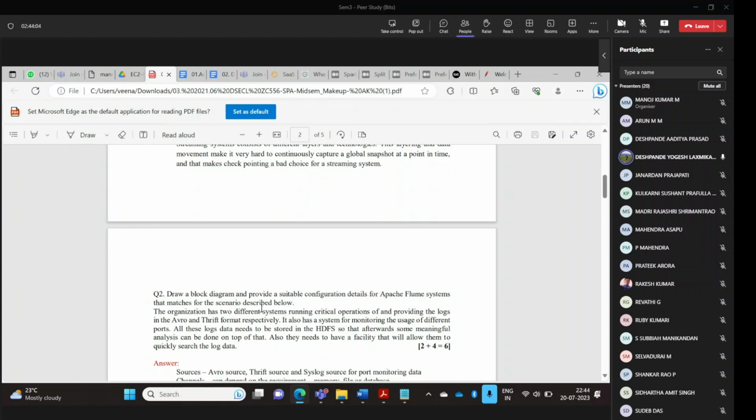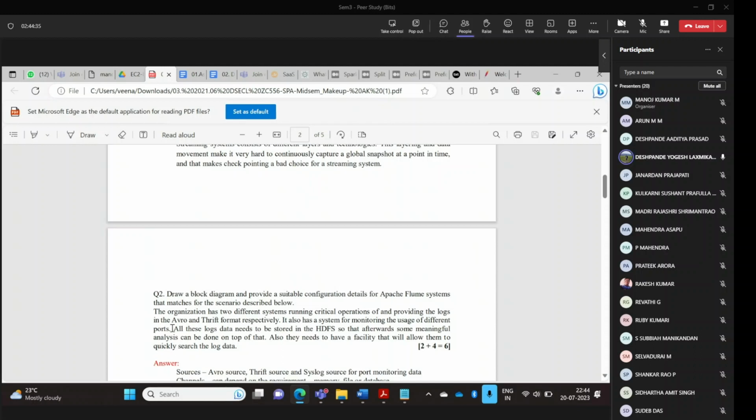So here we know there are two different sources, right? Both are sending data like log data. One is in Avro form, the second is the Thrift form, right? We have to use Flume to get data into our application. Now, they have also given that we have to store this in HDFS, and from the additional monitoring log also we need to store.